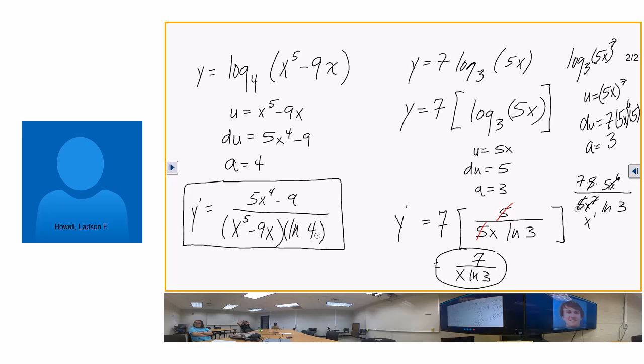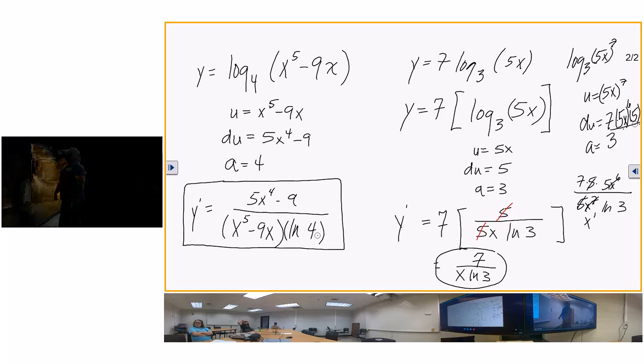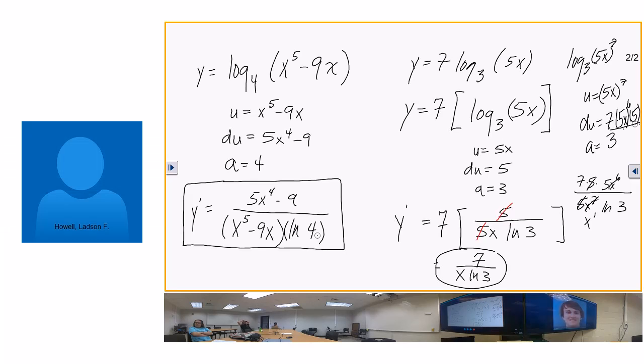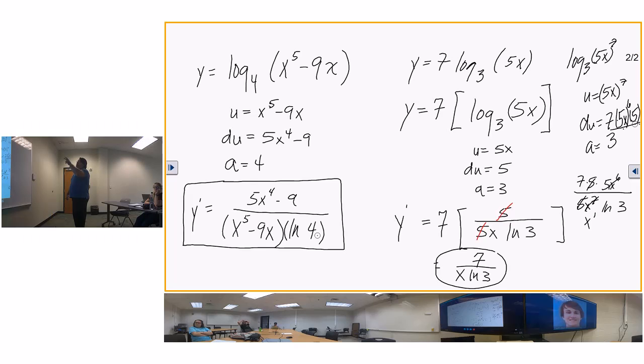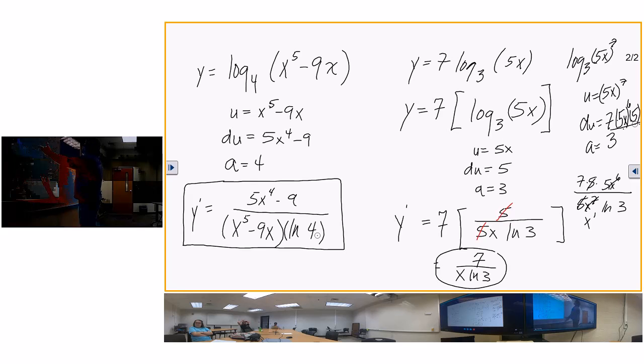Yeah, because this is the chain rule. 7 times 5x to the 6th power times 5. I don't know why we're coming out different. I'll have to look at that. Maybe that's why you have to do it this way.